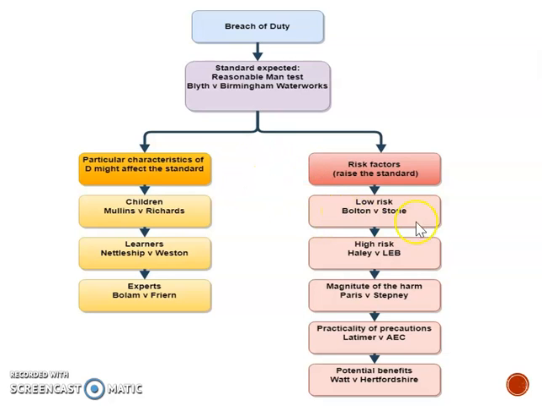If it's low risk, we've got Bolton and Stone, less likely to have breached. If it's high risk, we've got Haley, more likely to be a breach. If you've got a vulnerable victim or a high magnitude of harm, more likely a breach, that's Paris. Practicality of taking precautions, that comes from Latimer.